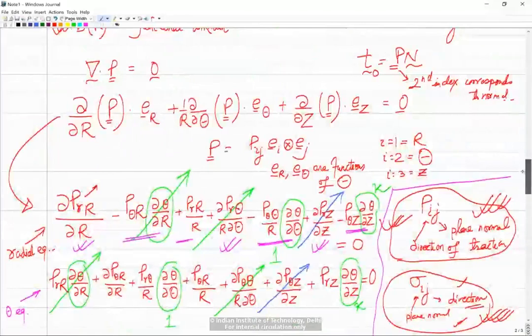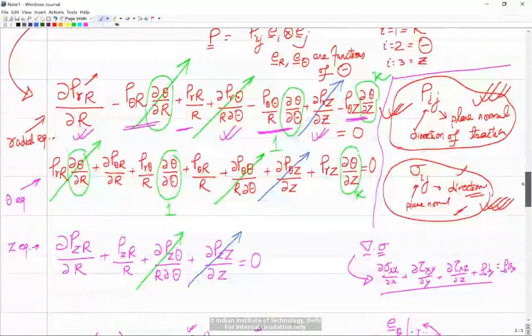Then for the theta equation, have a look at this. The theta equation has got this component, this component. Okay, that's difficult to remember. So it has both of them, and this one. You have to help me here.